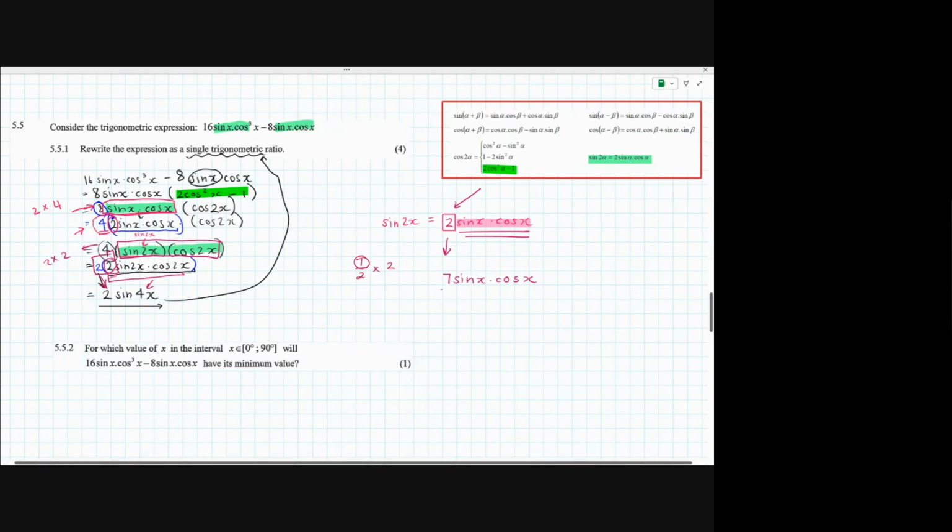So you could break this up into 7 over 2 times 2 sine x cos x, and then you have your double angle, 7 over 2 sine of 2x. So even if your coefficient is not a multiple of 2, you can still do it. You can break it up into factors that involve a 2 so that you can create for yourself the double angle identity that you want.